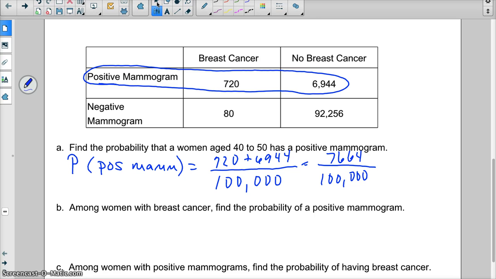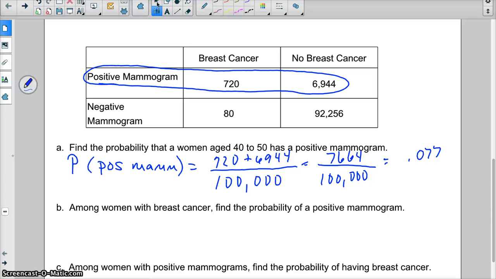Yes, it is a number between 0 and 1. You're welcome to leave your answer as a fraction, or you can divide for a decimal, and you would get 0.076. I'm sorry, 0.077 if you round it. A great thing to do every time you find your probability is double check that it's between 0 and 1. If it is not between 0 and 1, that tells you you've made a mistake.